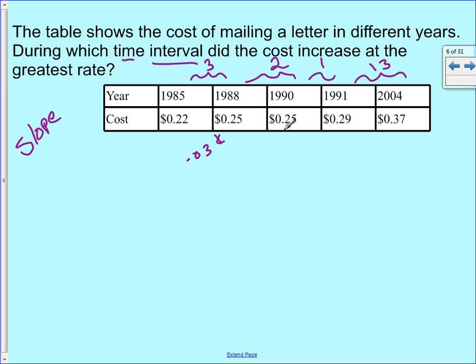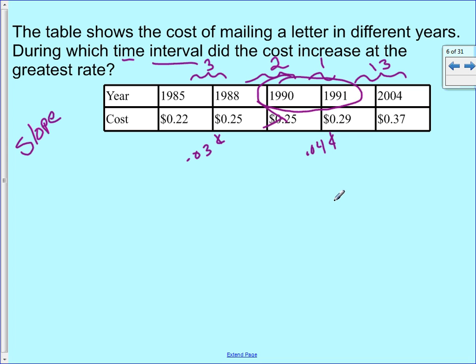Going from here to here, it remained the same, so I know that's not an answer choice. And going from here to here, it increased by how much? 4 cents for 1 year, from 1990 to 1991. And then from here, it increased at least a fraction of a cent because it's such a long period of time. So between what time interval did it increase the most?